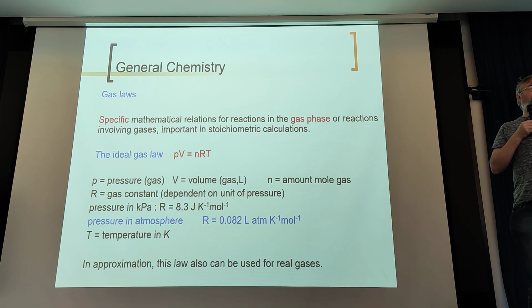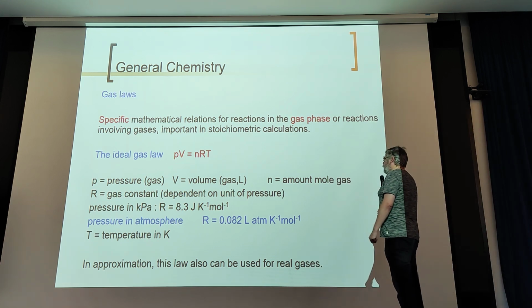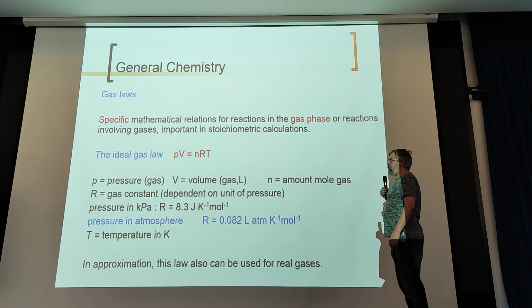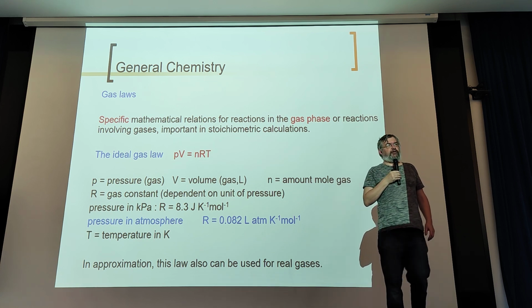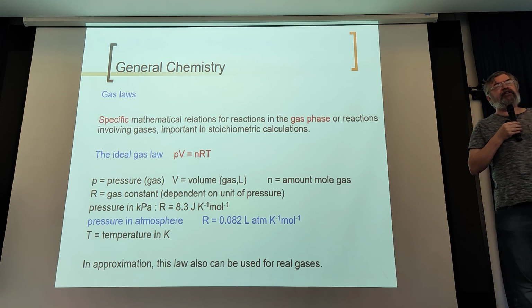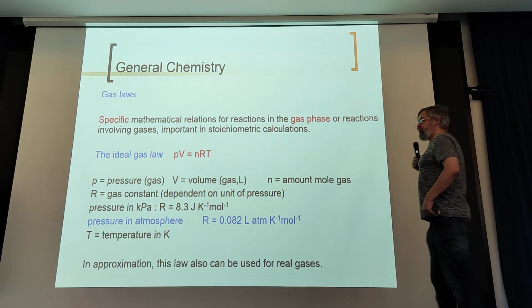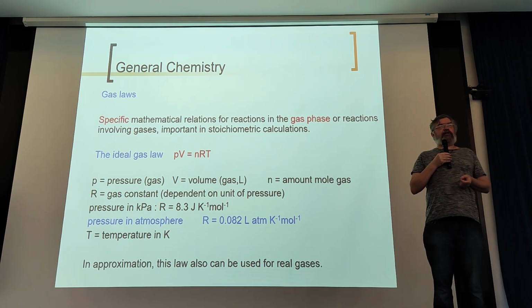Normally you will get a temperature in Celsius, so then you have to do a recalculation from Celsius to Kelvin. If the pressure is given not in atmosphere, but in Pascal or in kilopascal, the amount is 8.3 for R. This is typical for thermodynamic calculation.